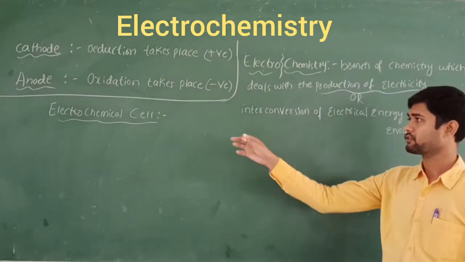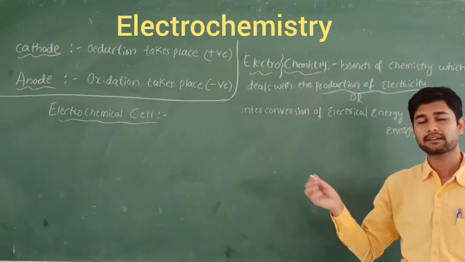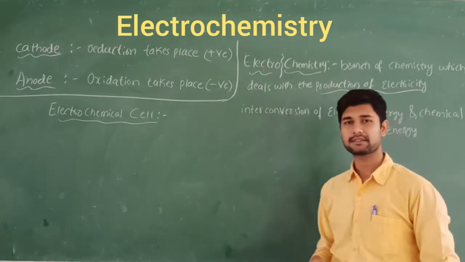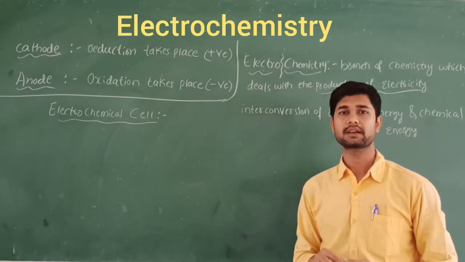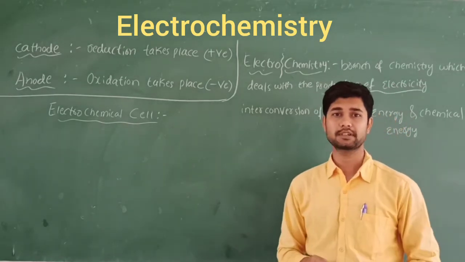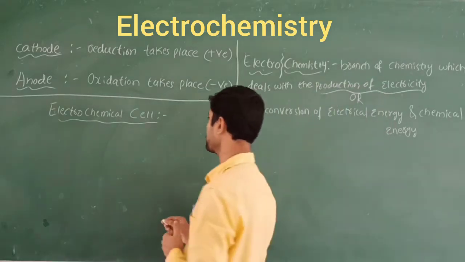And here the electrochemical cell will be there. The electrochemical cell is defined in the same way. It is also conversion of either electrical energy into chemical energy or chemical energy into electrical energy. So I am going to write a line here.